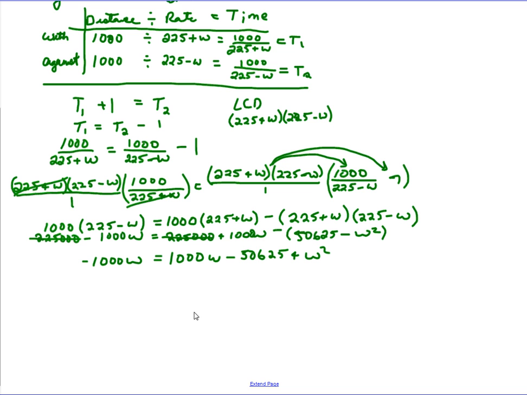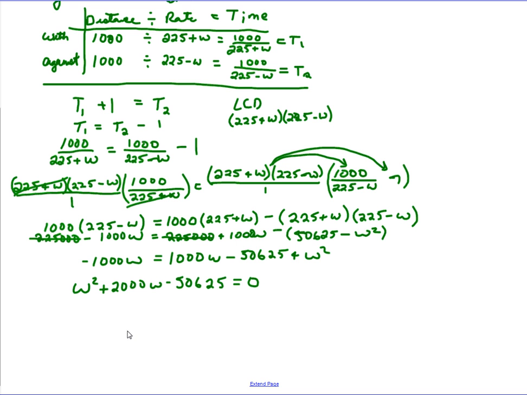Since it is a quadratic, we want to go ahead and put this equal to 0, so if we add 1,000 W to both sides, it'll be W squared plus 2,000 W minus 50,625 equal to 0. What is the best way to do this?